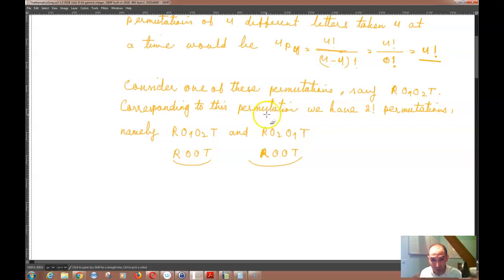So what I'm going to do is that I'm going to have to take this 2 factorial permutation out, and it is 2 factorial because, as you can see over here, suppose that I have R O1 O2 T, right?